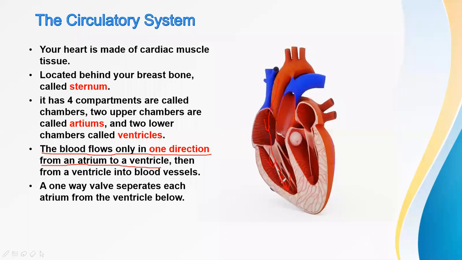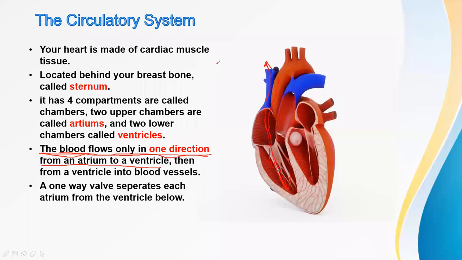When the ventricle contracts, the blood will go out into the blood vessels. This means in the human heart, the blood always flows in one direction, not in two directions.